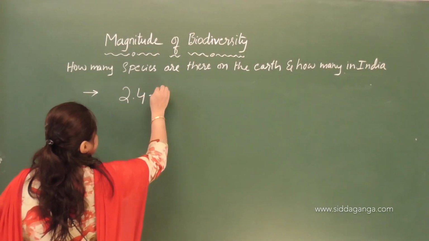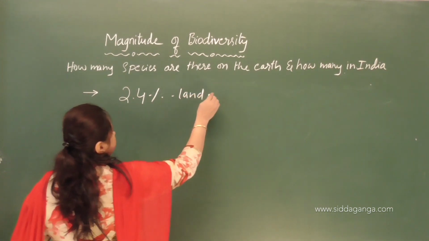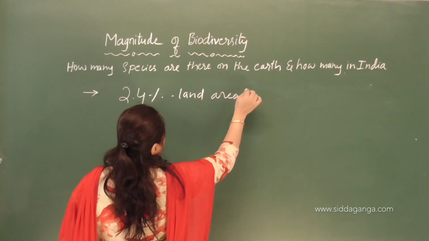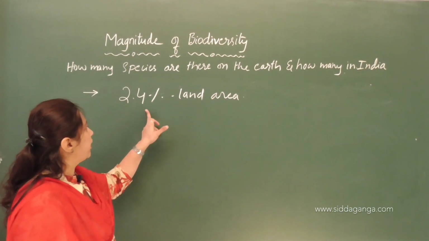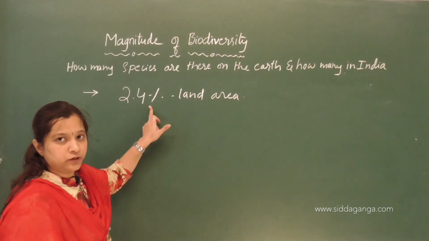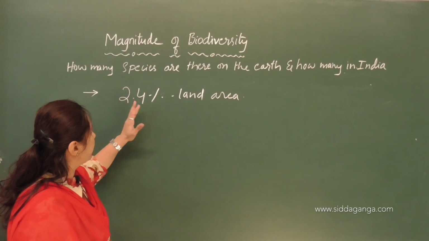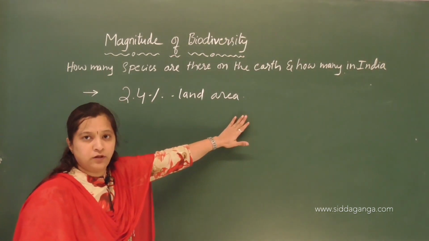India has a total land area of 2.4%. Okay, so India covers 2.4% of the total land area of the world.